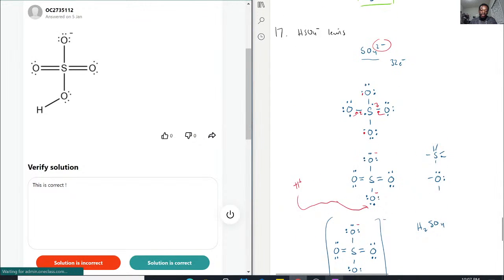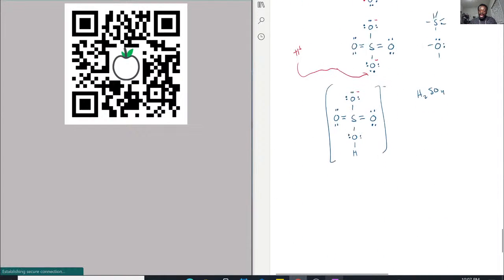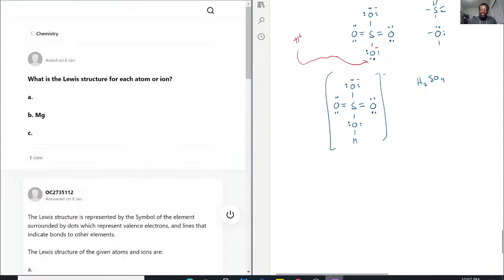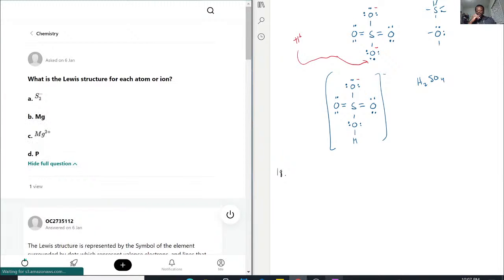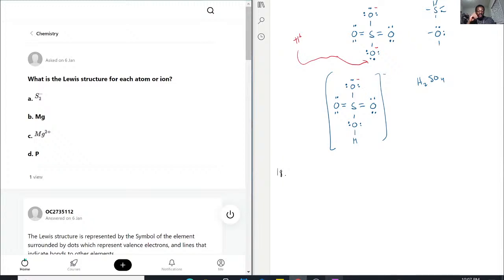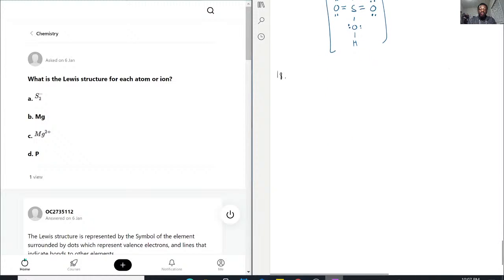So now, time for question number 18. What is a Lewis structure for each atom or anion? So we're literally given at certain points some atoms, some anions. So we have S2, oh, that's going to be a little bit tricky.